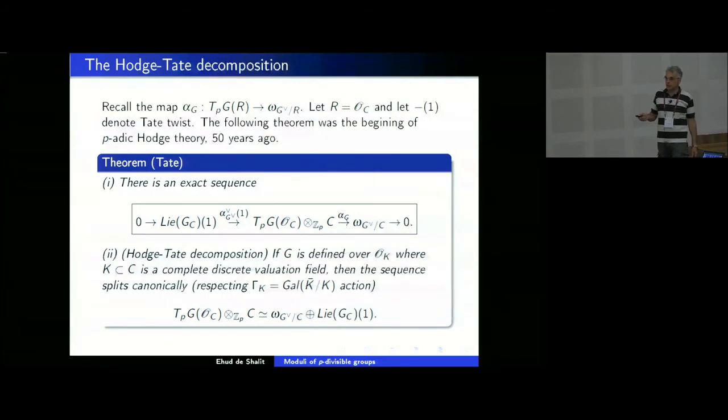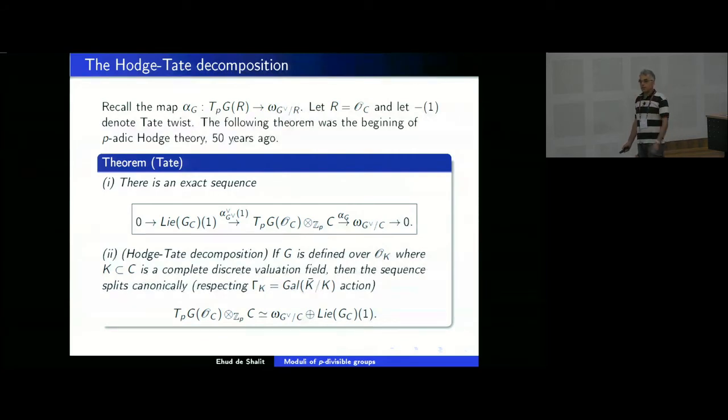So alpha_G is onto, and the kernel is the image of a map that's obtained by duality from the Lie algebra of G. We will explain this duality in the next slide, but for the moment, just concentrate on this exact sequence.